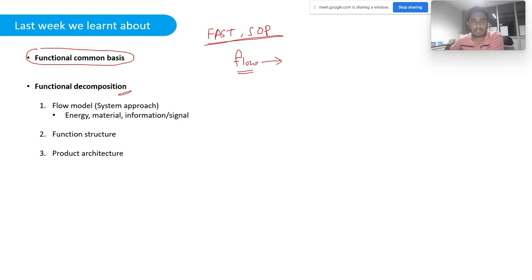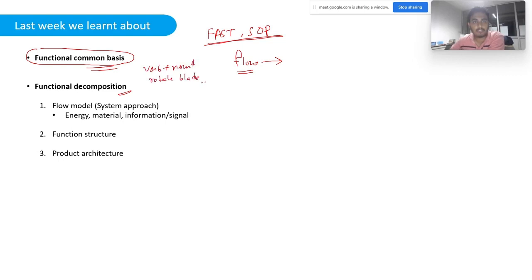What I covered in the last class was something called the functional common basis, which is basically a set of primitive verbs and nouns that we use to reach a functional decomposition endpoint. The way we write functions is in the form of a verb plus noun, for example, rotate blade.